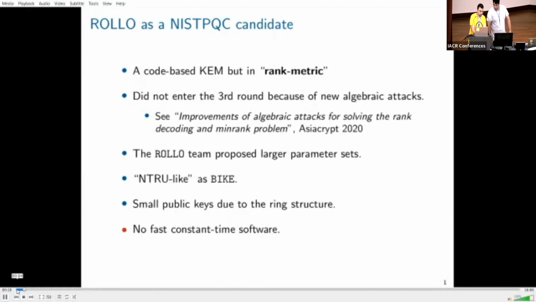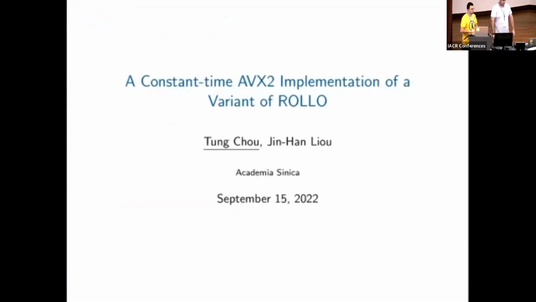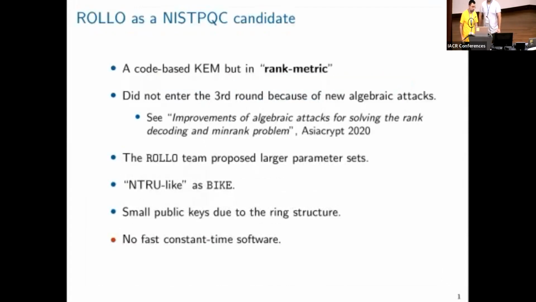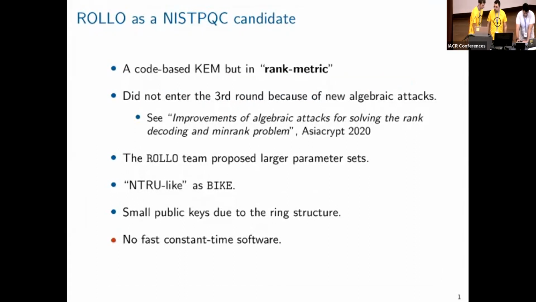Rollo is a code-based scheme, and this is joint work with Jinghan Liu. Rollo has entered the second round of the NIST PQC competition, and it's a rank metric scheme. Unfortunately, Rollo didn't enter the third round because of new algebraic attacks.